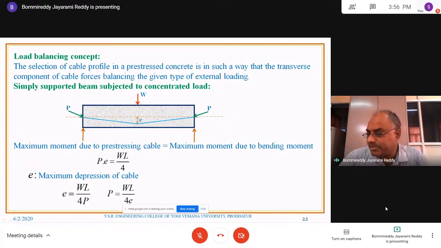For example, at the end, what is the bending moment at the end? For example, at this section, at this point, say you can call it D. What is the magnitude of the stress at D at the bottom? You can call it sigma_B, that means stress at the bottom at the point D. So what is the value?